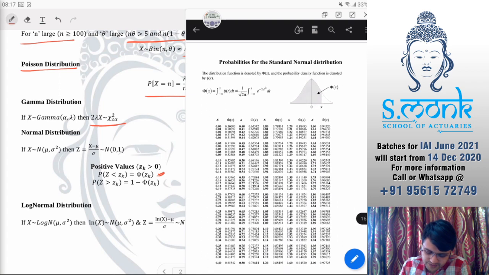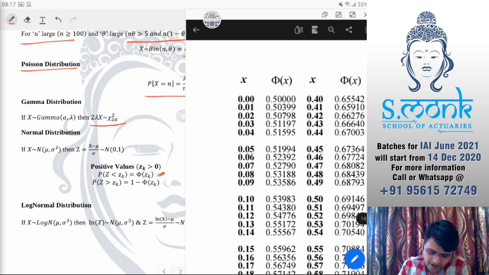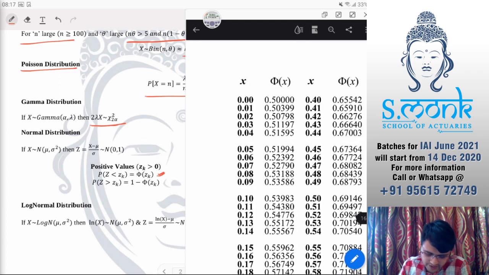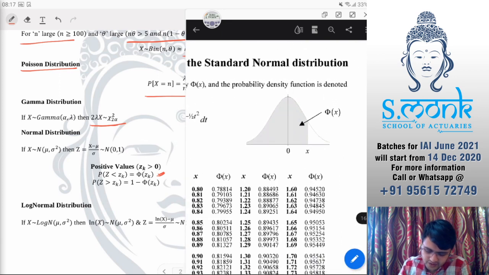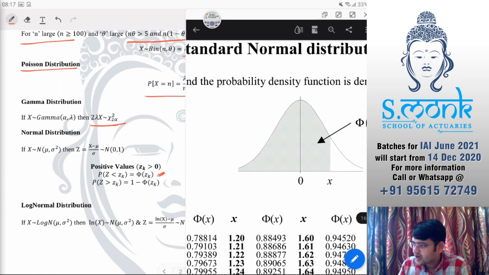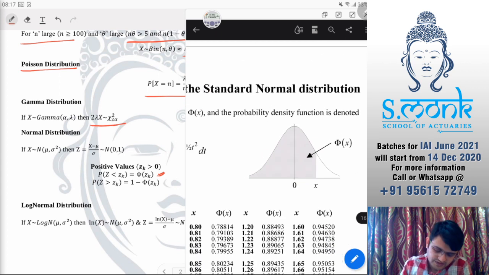This phi x is nothing but our probability less than. How do we figure that out? Just look at the graph. The graph shows you that the shaded region is less than this x.